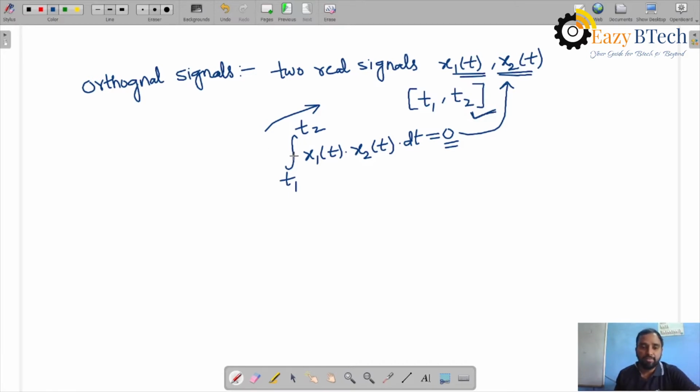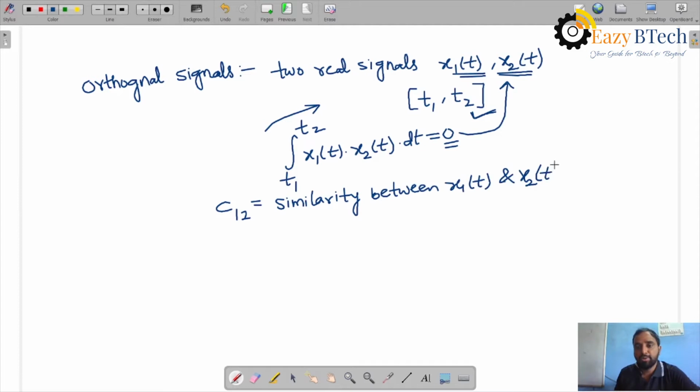Again we have seen the formula C12. As we discussed in vectors, the value of C12 indicates how much similar these two signals are, the similarity between x1 of t and x2 of t over the limits t1 to t2 only.